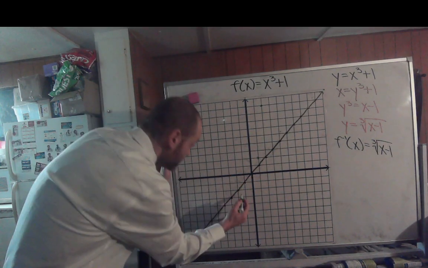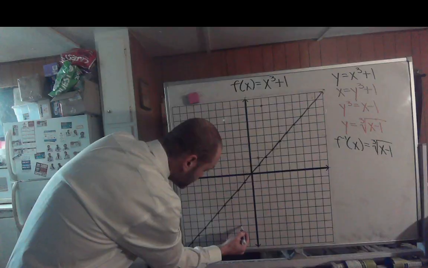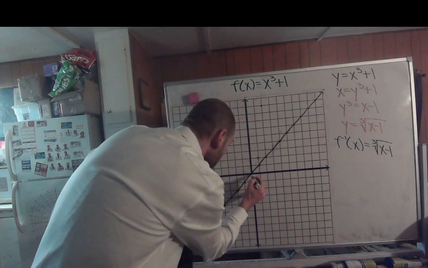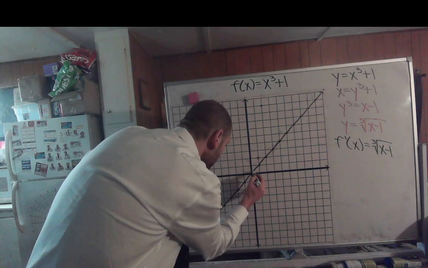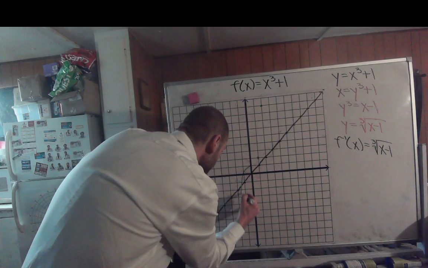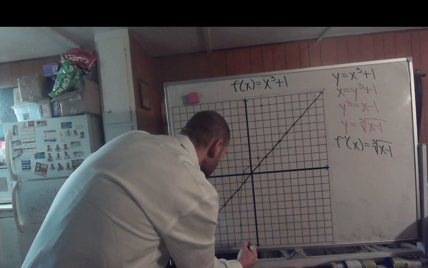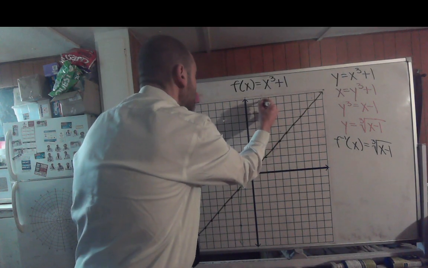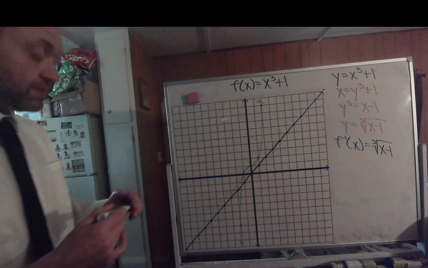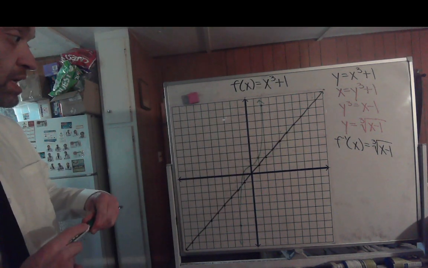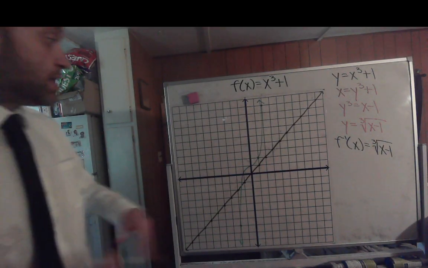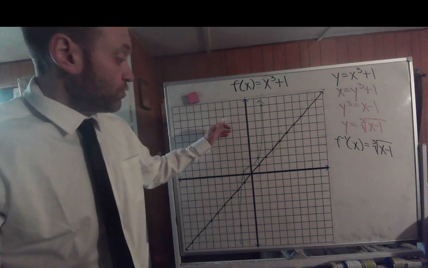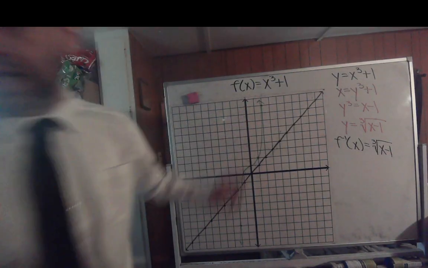At -2, you'd have a y coordinate of -7. So let's go ahead and graph this. So you see there is the original f of x in the green.